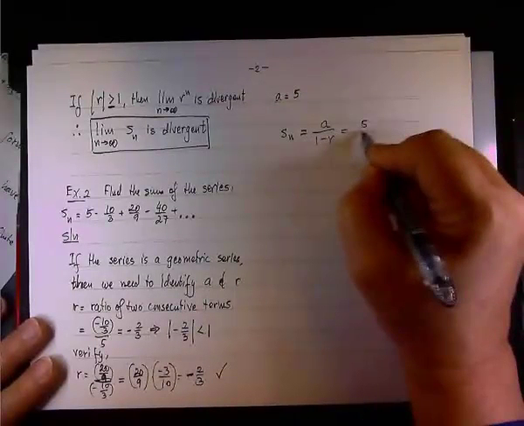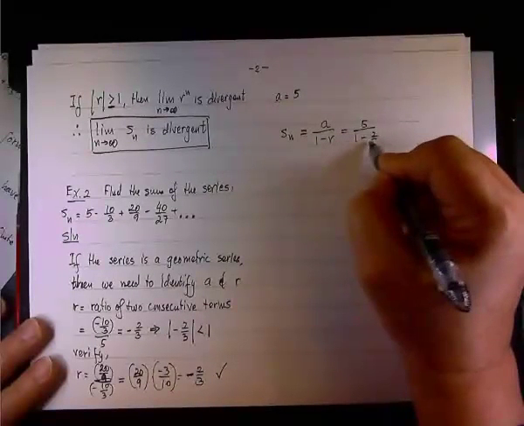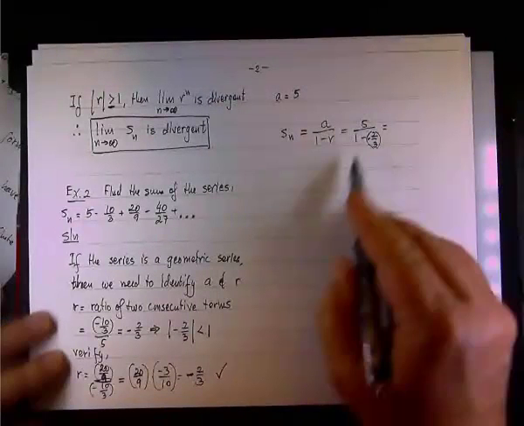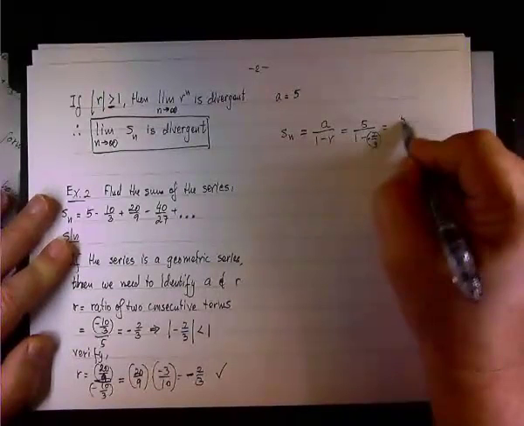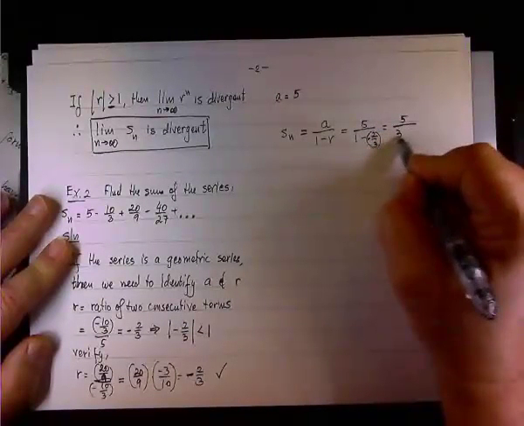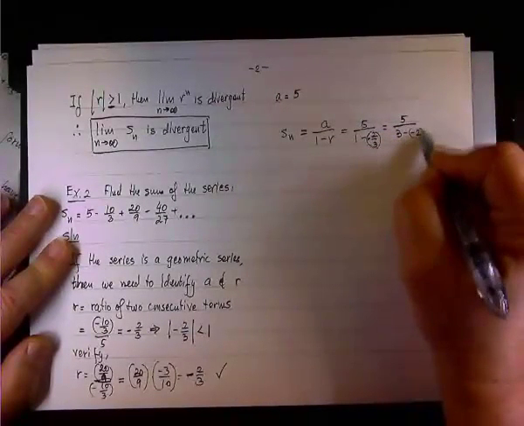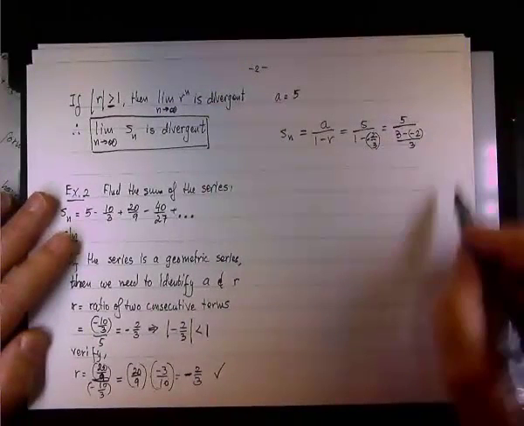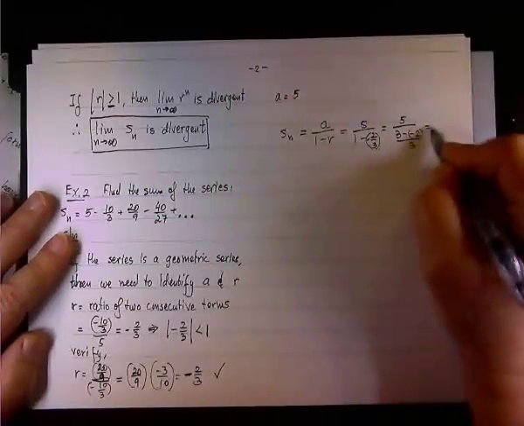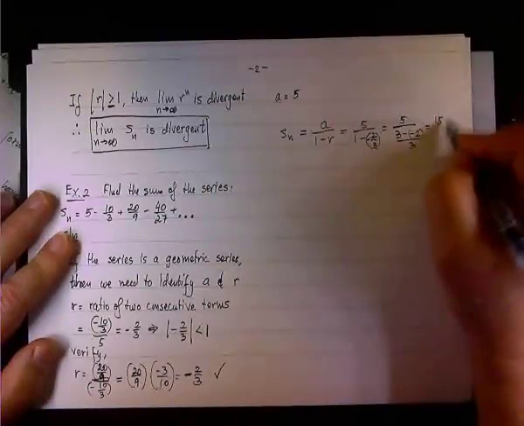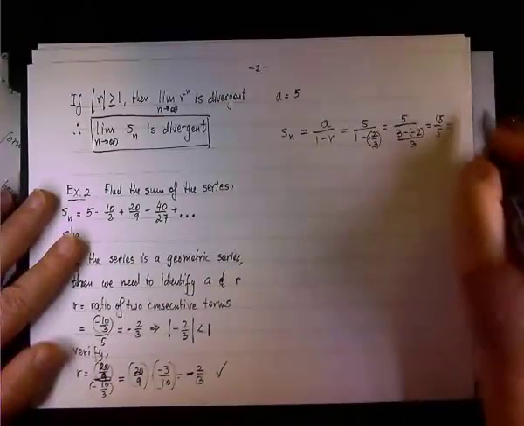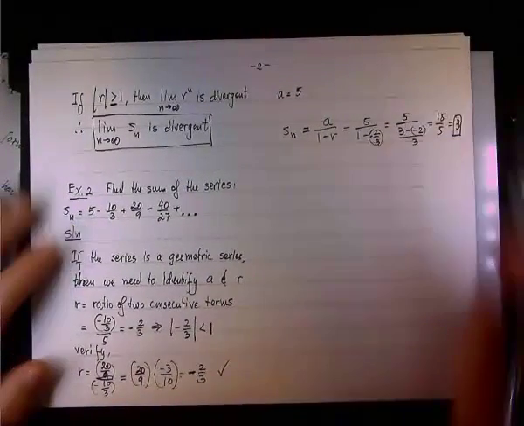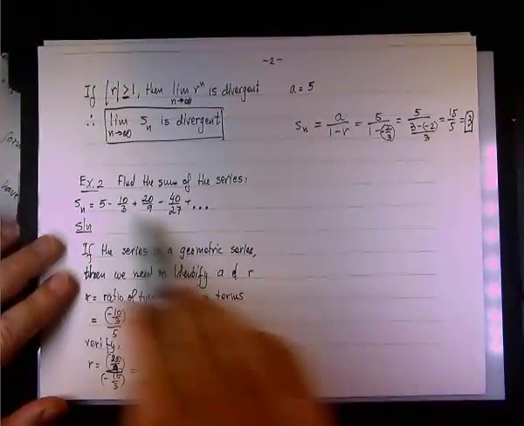Okay, and as such, we can calculate A over 1 minus R, or 5 over 1 minus negative 2/3, like so. Again, a little fraction action here. 5 over 3 minus negative 2 divided by 3, right? So what do you end up having? Here, 15 over 5 or 3. And that's really the answer.